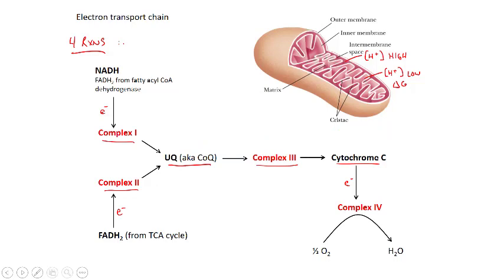We said that the point of the electron transport chain is to generate this gradient of protons across the inner membrane. So we actually generate the proton gradient as we go. At each stage of this process, excess energy is used to pump protons into the intermembrane space.